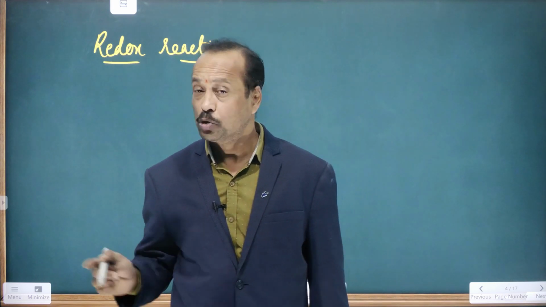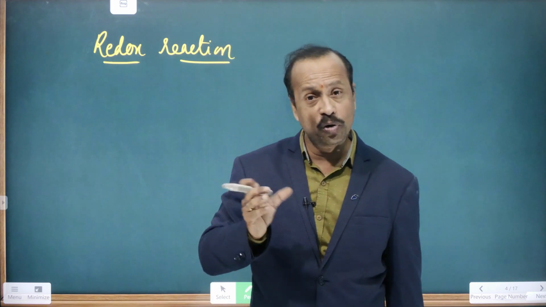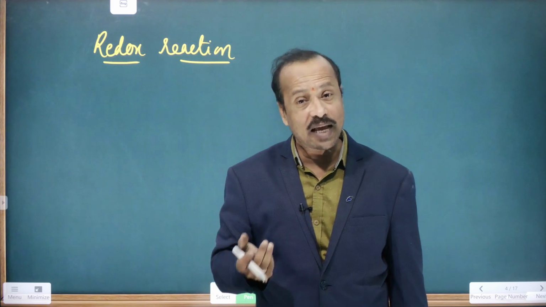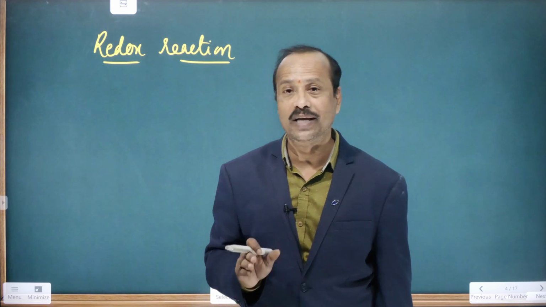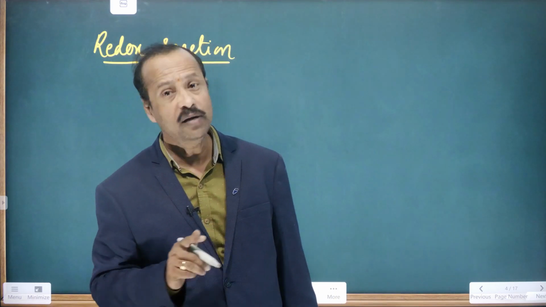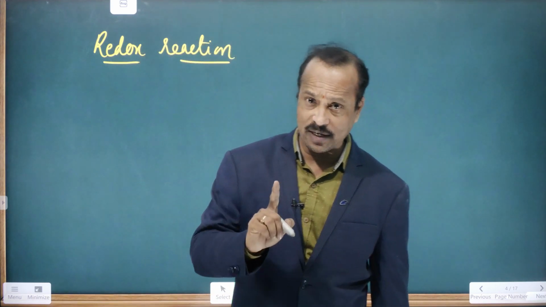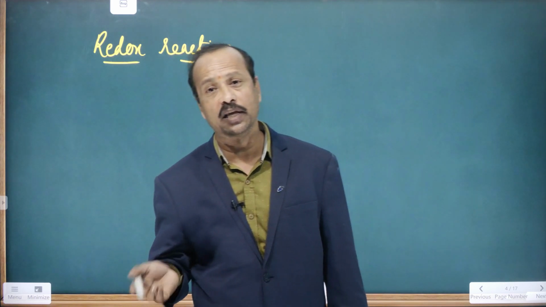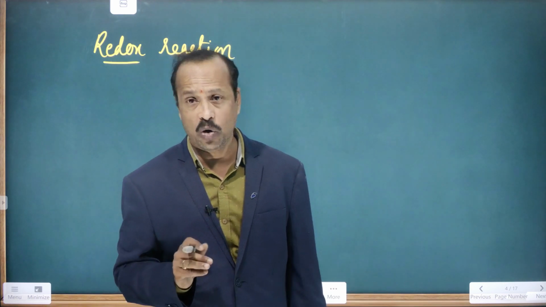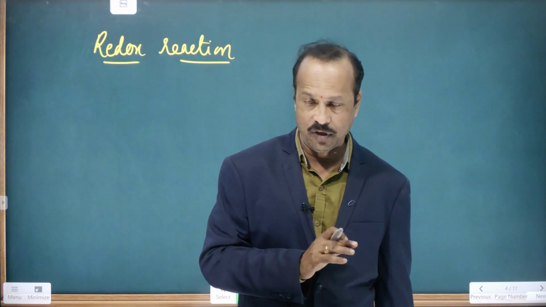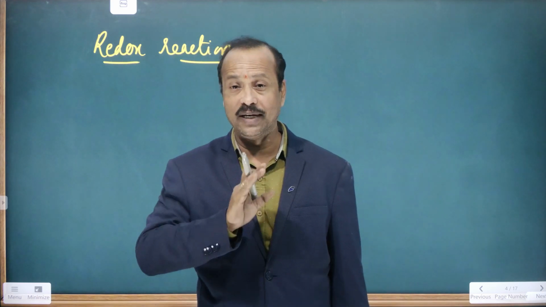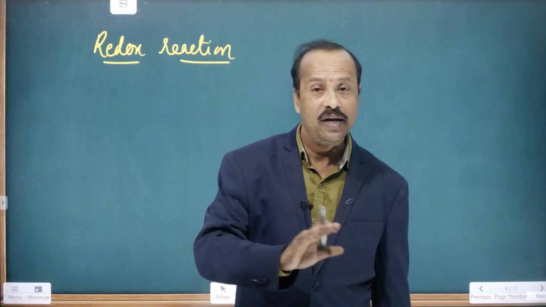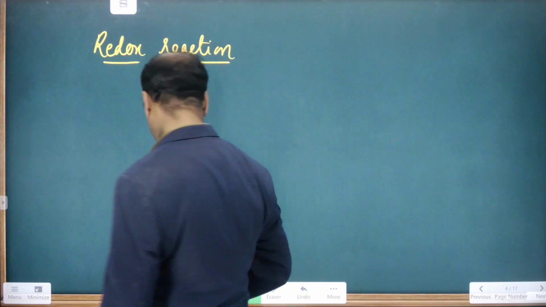So a reaction in which both oxidation and reduction take place simultaneously is called a redox reaction. In one reaction, if both oxidation and reduction are taking place, that is called a redox reaction.